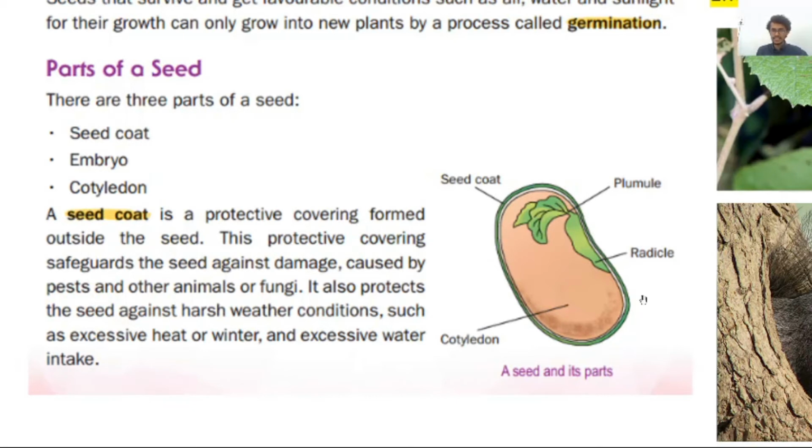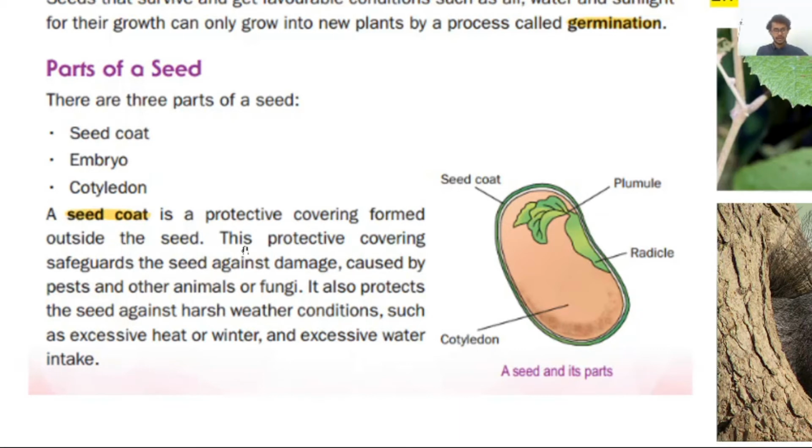You see, this is a seed and the seed coat surrounds the embryo. This seed coat surrounds the embryo for protection. Just like your mummy and papa protect you, the seed coat protects an embryo. Seed coat protects a seed.